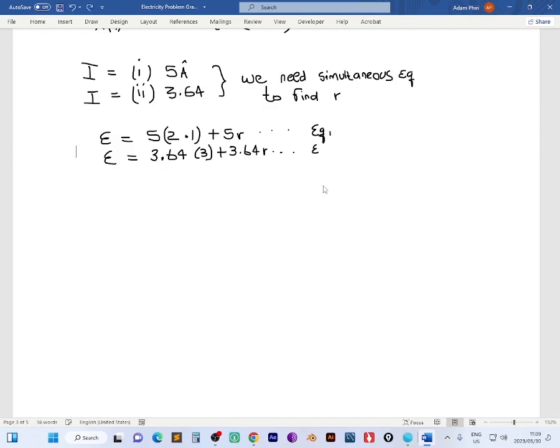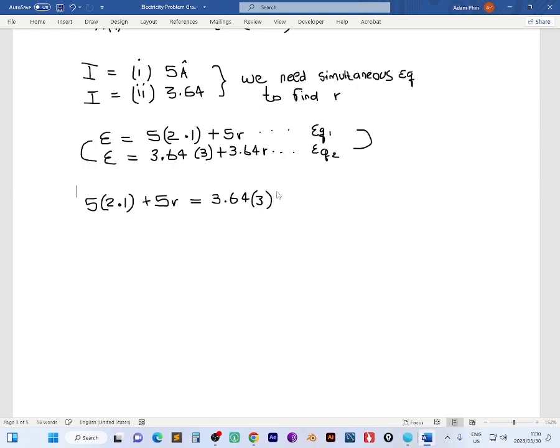The electromotive force doesn't change, so the equations can differ but each is equivalent to the electromotive force. So then we have 5 multiplied by 2.1 plus 5 R, and we have to equate those equations, which means those equations are equal.